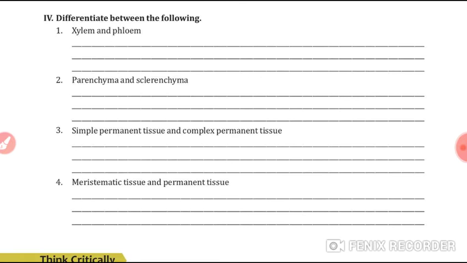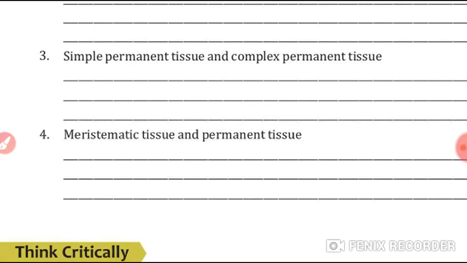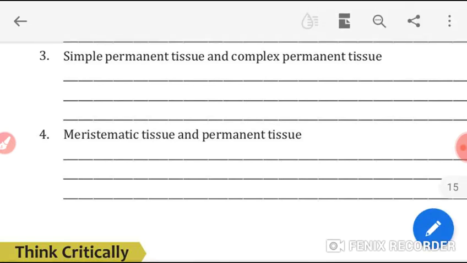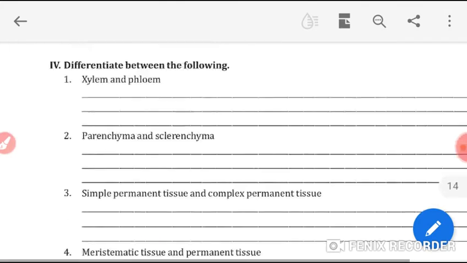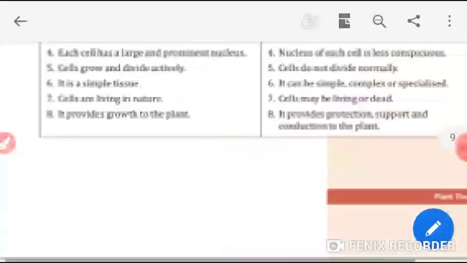We are continuing our question number 4. Differentiate between the following. Fourth one, meristematic tissue and permanent tissue. Students, you will get this answer on page number 9. So take out your page number 9.